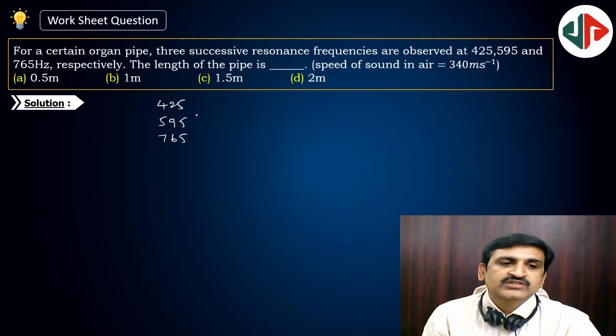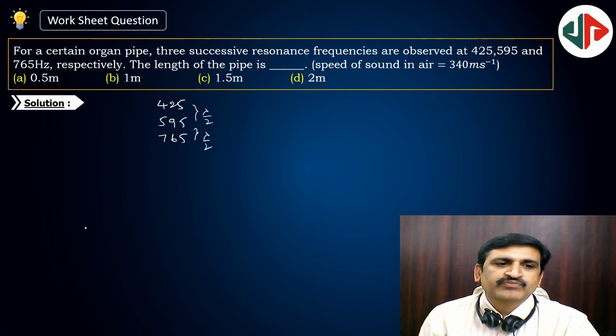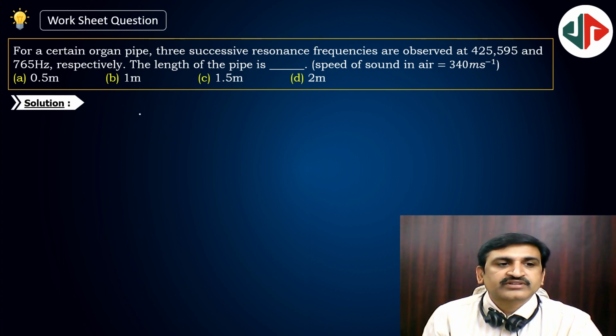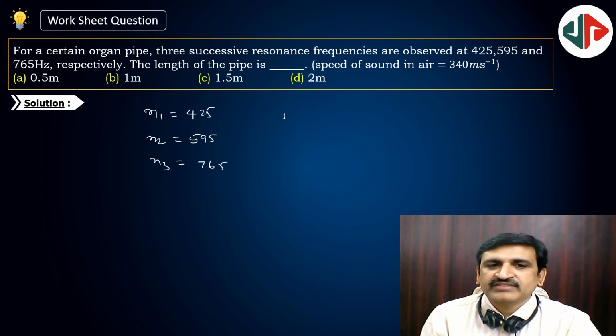Actually he is giving the frequencies. Successive resonances: n1 is equal to 425, next n2 is equal to 595 and n3 is equal to 765. Open pipe frequencies are in the ratio 1:2:3 and so on, like that only.